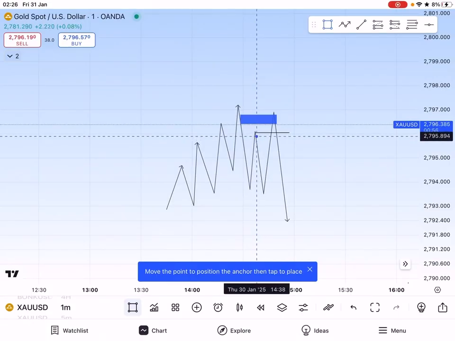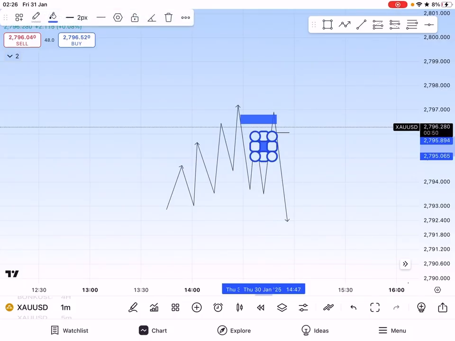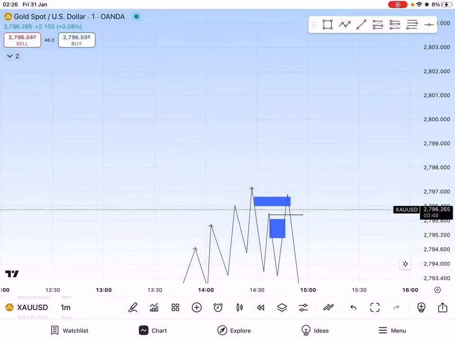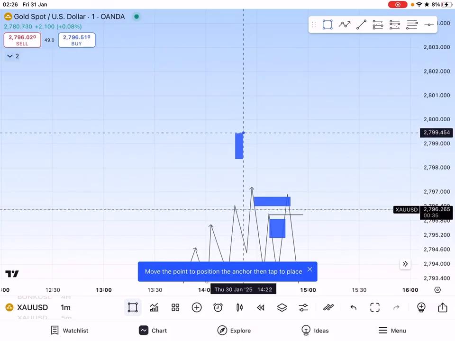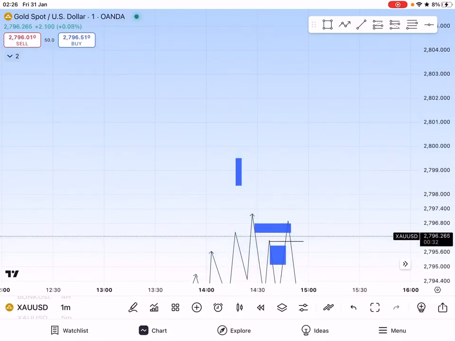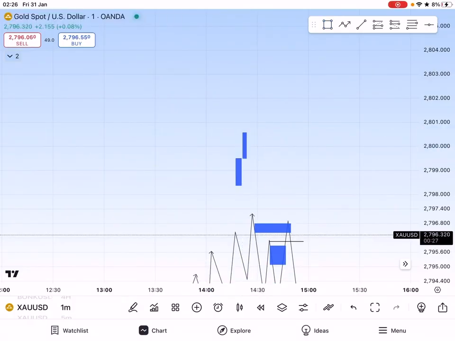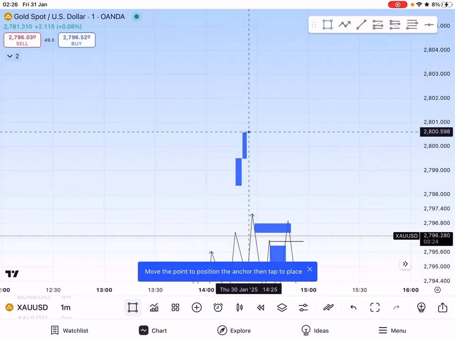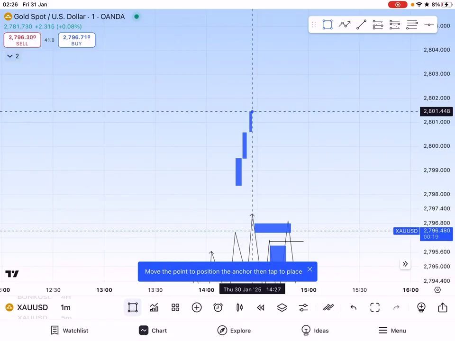The imbalance could be in the inducements. Wait, before I continue, I'm sure you guys all know what an imbalance is. If you don't know what an imbalance is, let me quickly explain. Imbalance is the gap that is formed in a high momentum move. So if you have three candles, for example, a bullish candle followed by a bullish candle again, and then a bullish candle, or it could even be bearish, anyone.